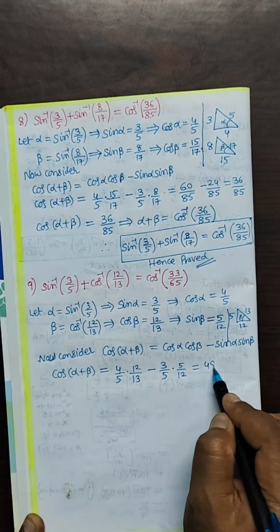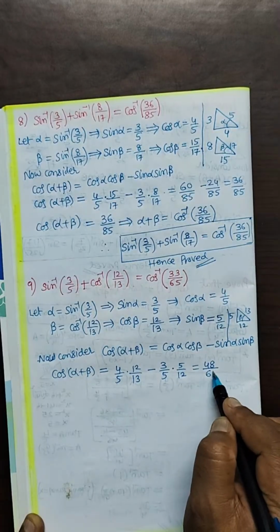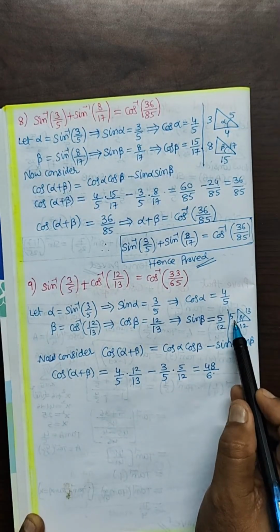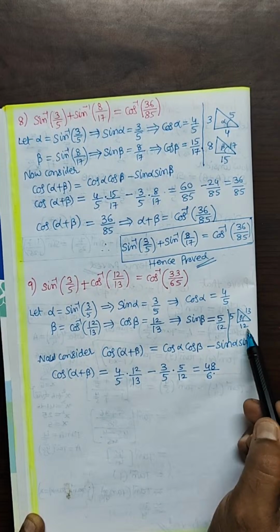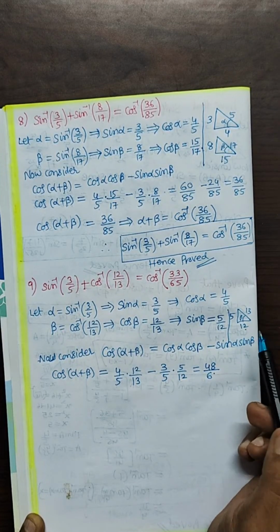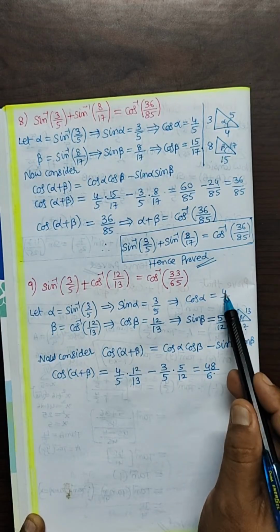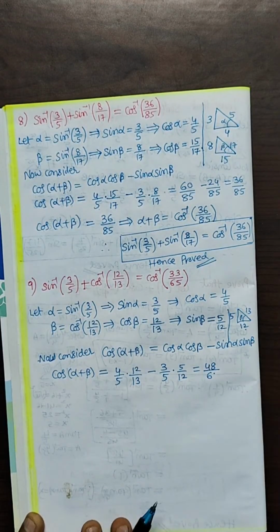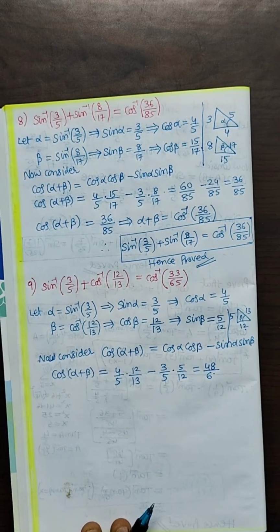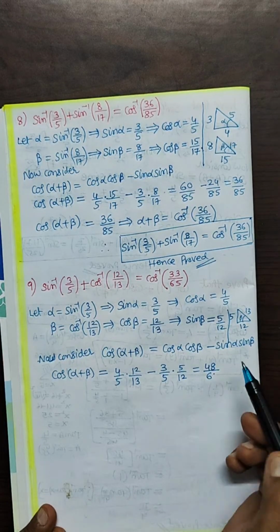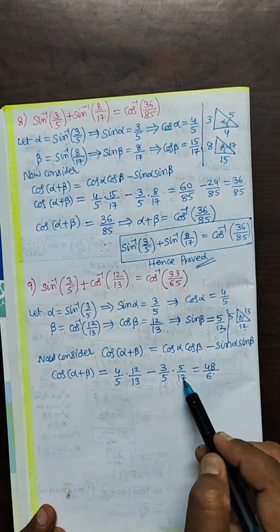So 48 by 65. Cos beta means the term is correct. 5 by 13, sorry.